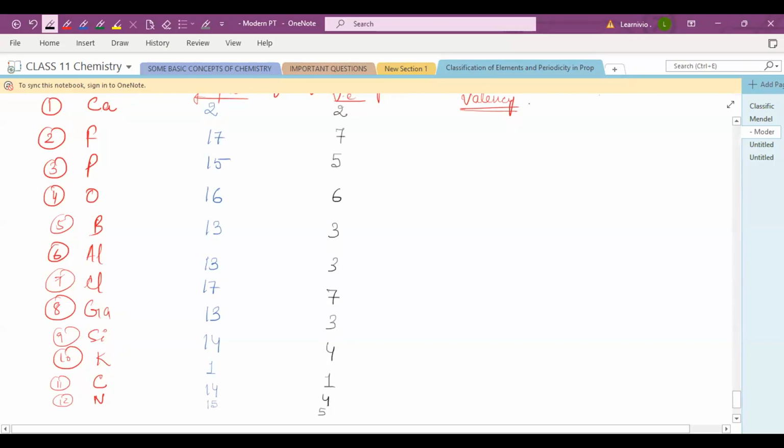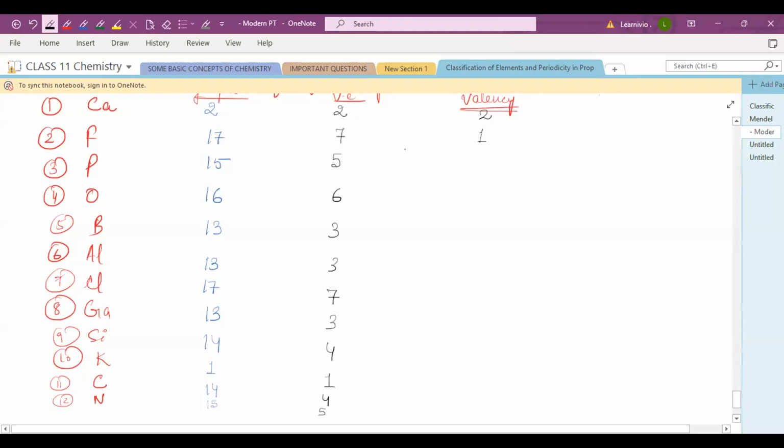So for calcium, what is the valency? 2. For fluorine? 1, very good. 7 is more than 5, so 8 minus 7 gives you 1. Tell me for phosphorus. 5? Why 5? I just told you, if the valence electron is 5 or more than 5, just subtract it from 8. So 3, because we know the octet rule, right?